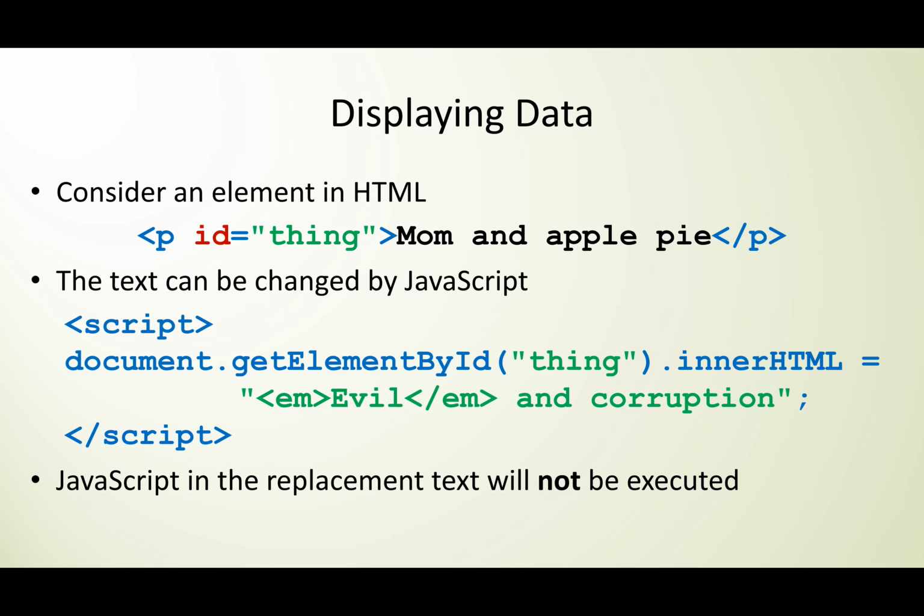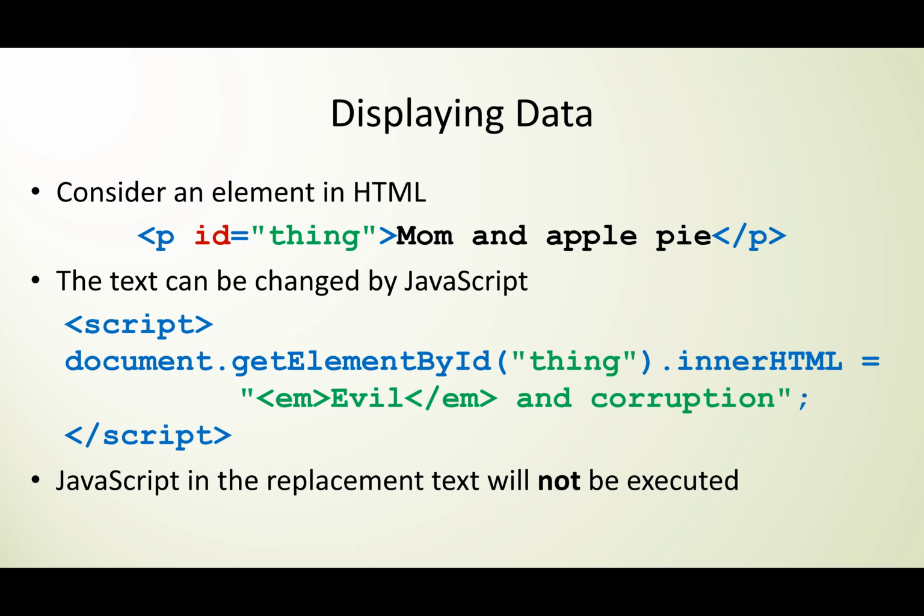JavaScript embedded in the HTML can change that during the execution. Here you can see the document being the root of the document object model, which defines all the objects in an HTML page. The method getElementById, passing the parameter thing, which of course is the ID of the paragraph we're interested in. That's going to grab the object that represents that paragraph.